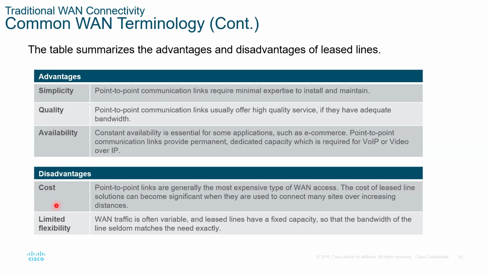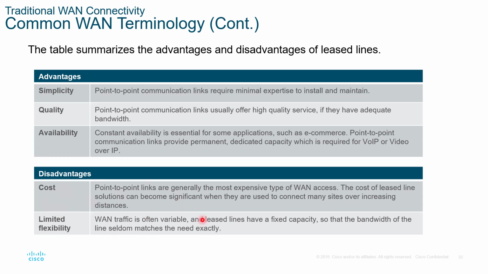If as a company you sometimes have huge amounts of data being transmitted, and your capacity is fixed with the leased lines, that's a problem. So it's not flexible. If you have enough bandwidth, I think that's an advantage, but if not, that's a disadvantage. Another disadvantage is cost.